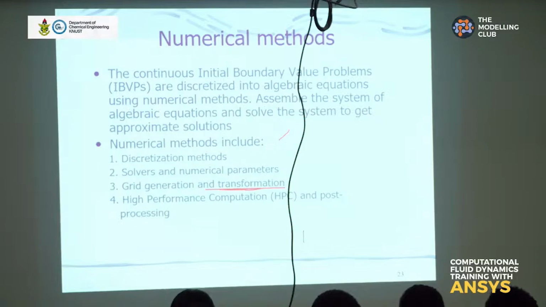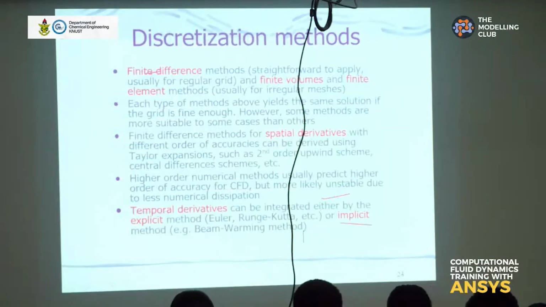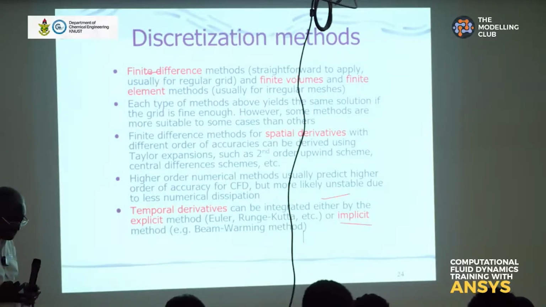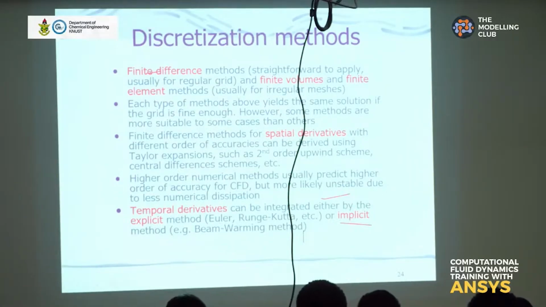And so what are some of these discretization methods in CFD? Let's look at them. One of the first or more simple applications of discretization in CFD is the finite difference formulation, the finite difference methods.